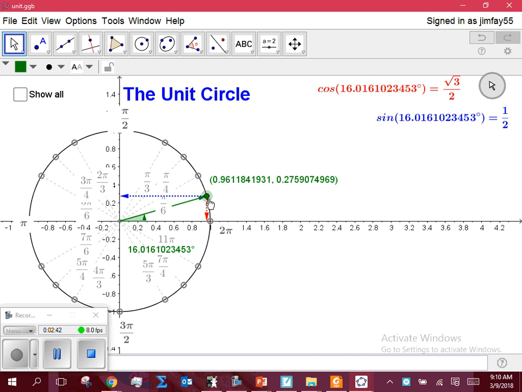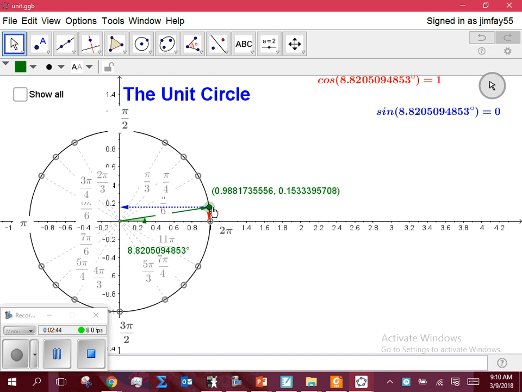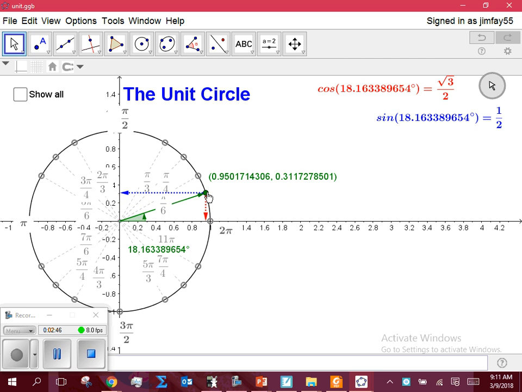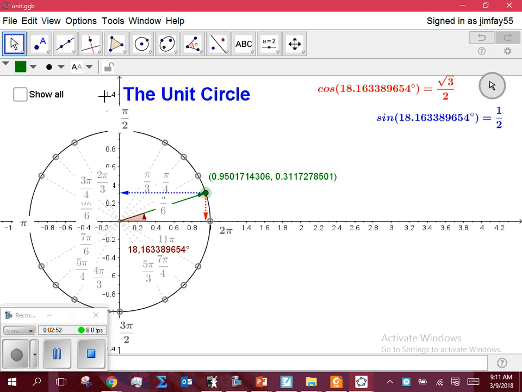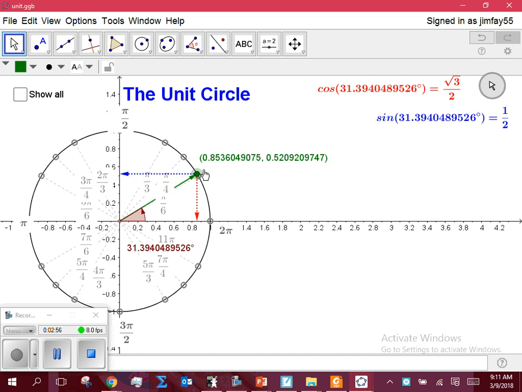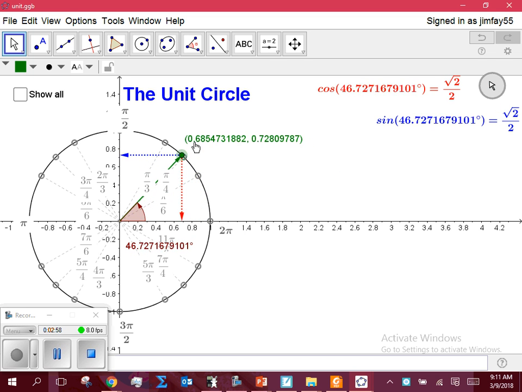Now this is a lot, but it's still only a small fraction of the total number of inputs we could use, because those are the angle measurements. We put any one of those in for the sine or cosine, and it's going to spit back any of these numbers. So if I put in cosine of 48.0267, I'm going to get that one back. That's what my calculator does. If I type in sine of this one, it's going to give me the y value here back.